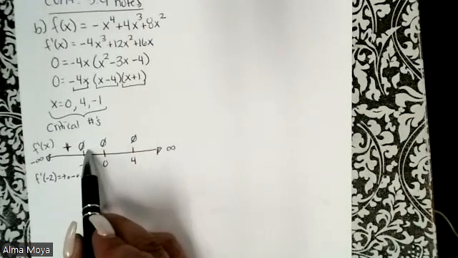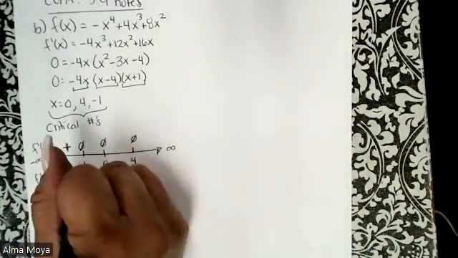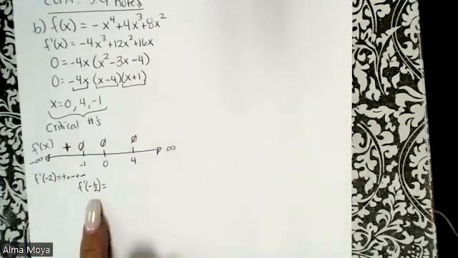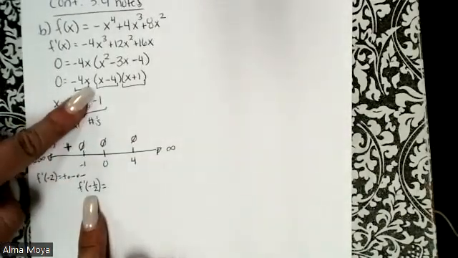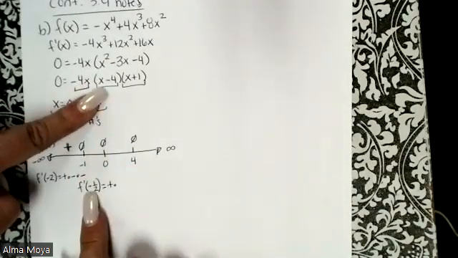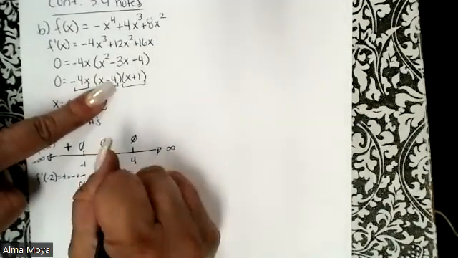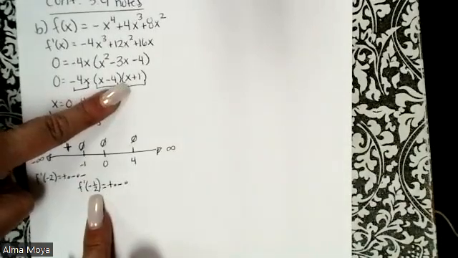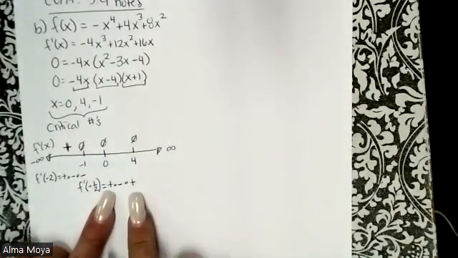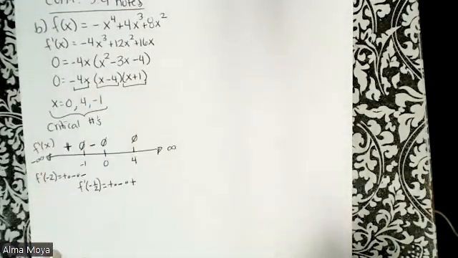Next, I'm going to plug in negative a half. A negative times a negative is a positive number. Negative a half minus 4 is going to make it more negative. Negative a half plus 1 is going to be a positive. So then right here, that's going to give me a negative region.